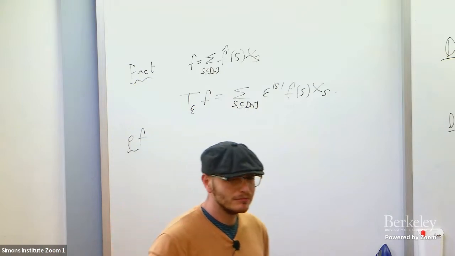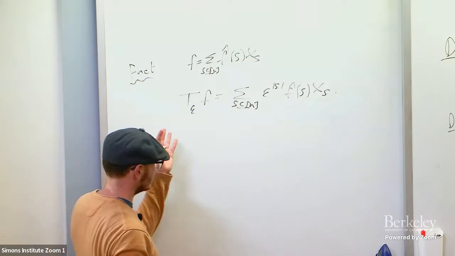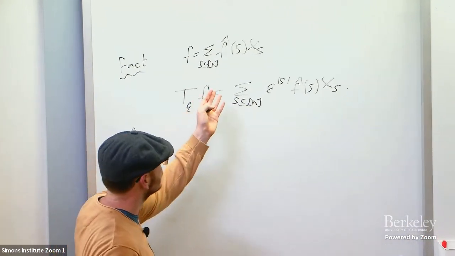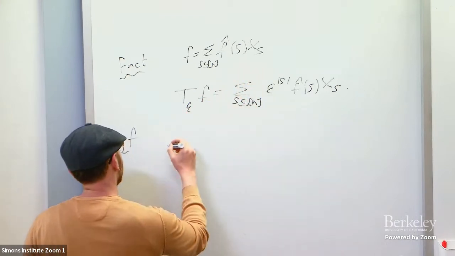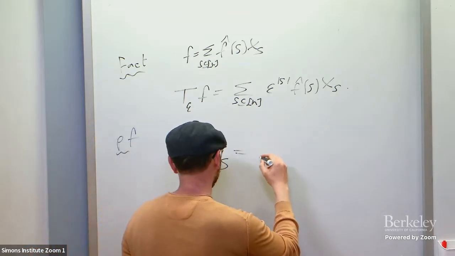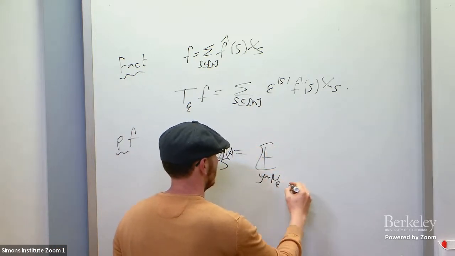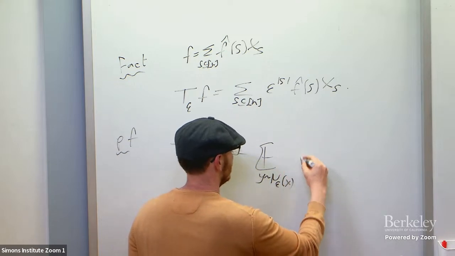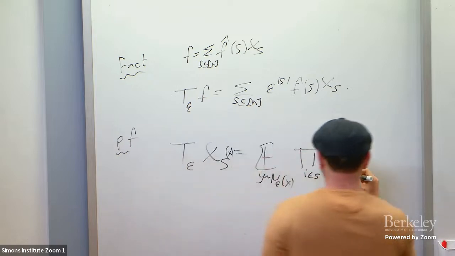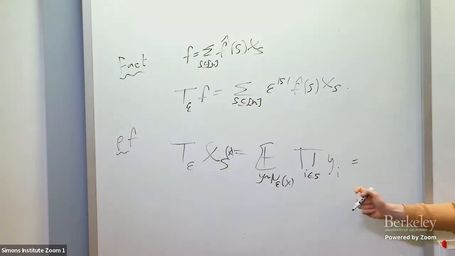I'll give the proof because it's simple enough. T epsilon is a linear operator, so it's sufficient to show it for the characters chi s. T epsilon of chi s is the expectation over a noisy version y of x of the product over i in S of yi, which is chi s of y. Now we can use the fact that the yi's are independent, because we're doing everything independently in each coordinate.